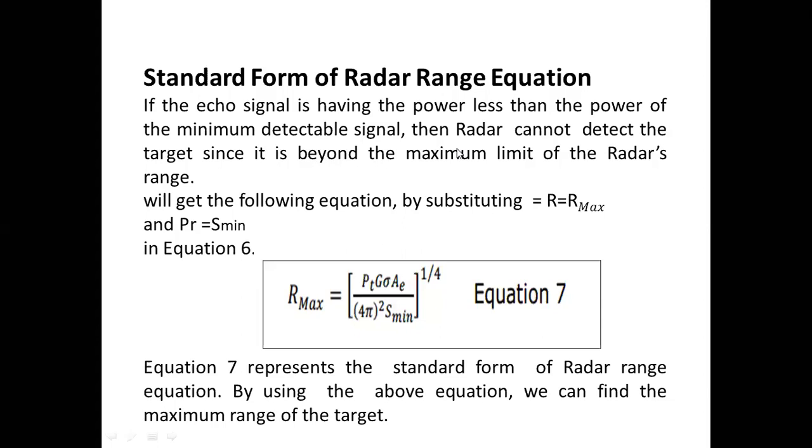So now we are going to calculate the maximum range, the minimum detectable signal, and how to calculate the maximum radar range equation. That is why we represent it as the maximum radar range equation.